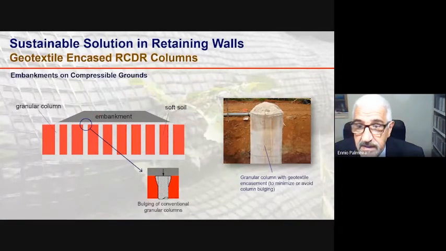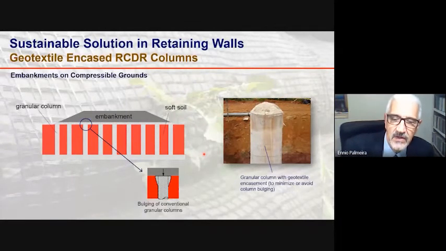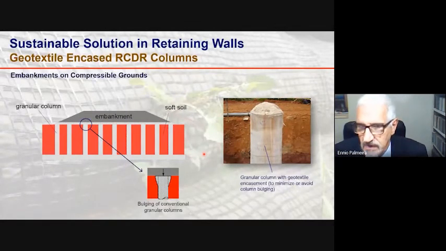So if the column is encased by a stiff, woven geotextile, this will reduce or avoid bulging at the top of the column, so the efficiency of the granular columns will increase in terms of embankment settlement reductions. So here you see an image of a geotextile encased granular column. Usually the infill material used is sand or gravel.